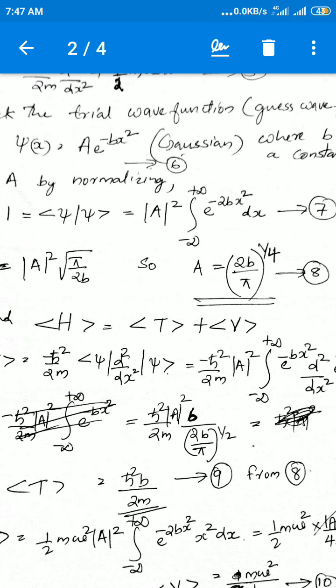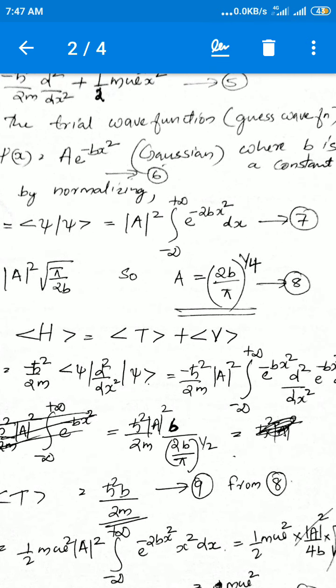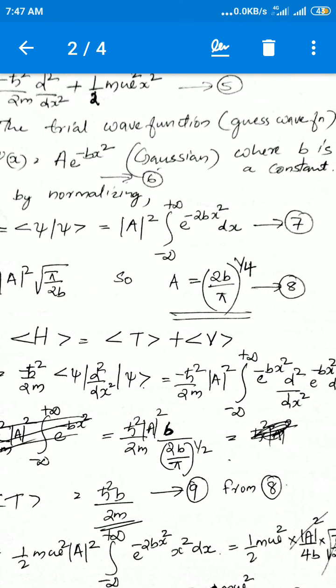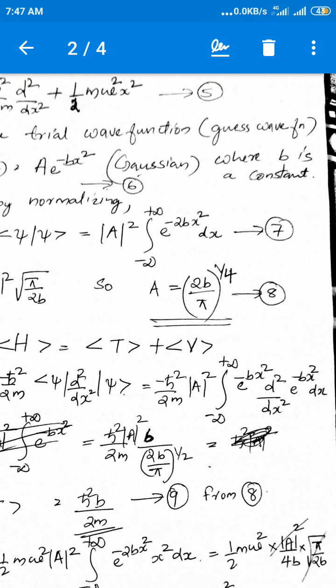And it is equal to minus h cut square by 2m a modulus square into the integral from minus infinity to plus infinity of e raised to minus bx square into d square by dx square of e raised to minus bx square into dx.